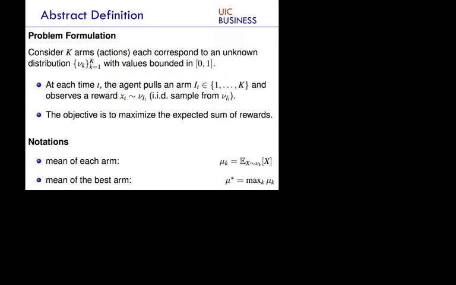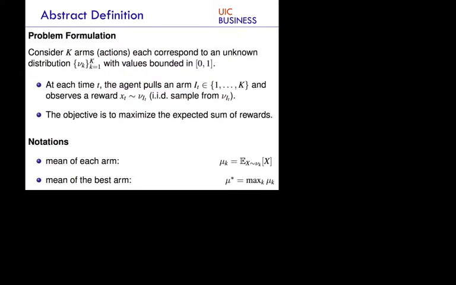No, I'm just representing the mean of arm k to be mu k. So mu k is just the expectation of that arm, right? That arm is associated with a distribution nu k. Sorry, mu k. And this is just the expectation of a random variable, a scalar random variable.